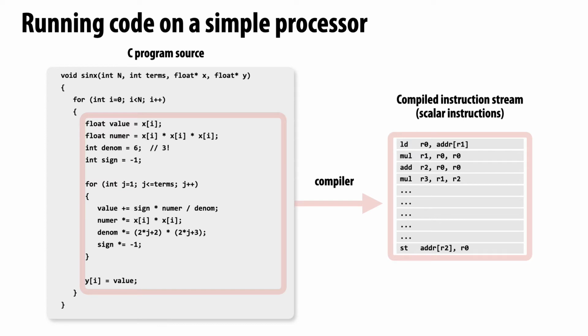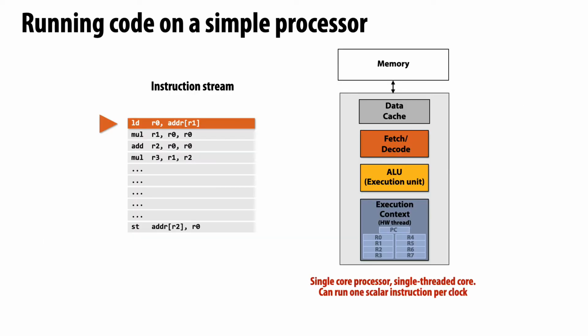Now in the lecture, we started with the world's simplest processor. We said we were going to run this compiled instruction stream on a processor that had one instruction fetch and decode unit, one execution unit, which I often referred to as an ALU, arithmetic logic unit, and one hardware thread or one execution context. So that's this blue box at the bottom. There's one set of registers.